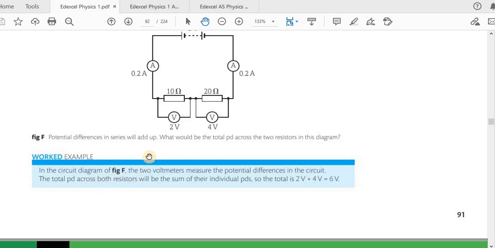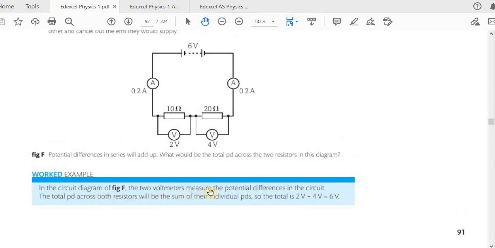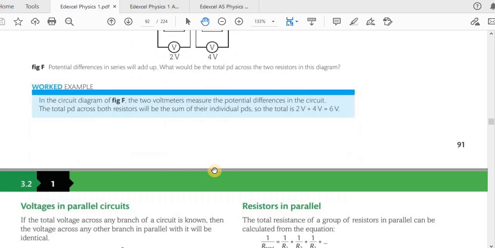In the circuit diagram of figure 6, the 2 voltmeters measure the potential difference in the circuit. The total potential difference across both resistors will be the sum of their individual potential differences. So the total is 2 volts plus 4 volts, which is 6 volts. So from here to here, you can see it's 6 volts.